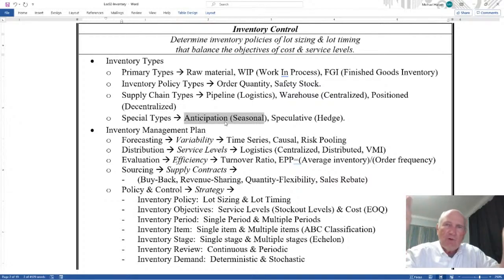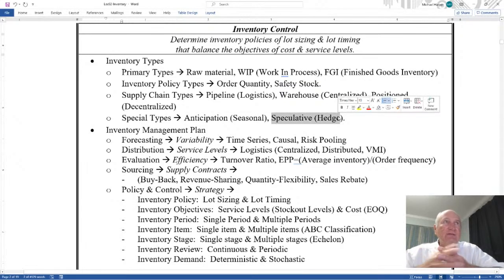I know I'm going to need more inventory. So anticipation inventory, increasing inventory so that I can anticipate or respond to some type of event, for example. Seasonal means I know when the season goes, my demand goes up, demand goes down. So seasonal, I'm expecting it. So this is expected or known inventory.